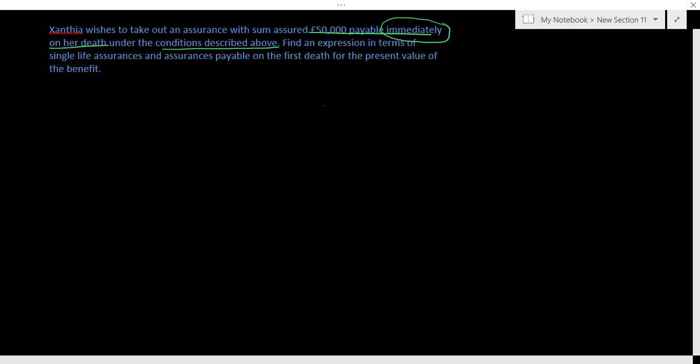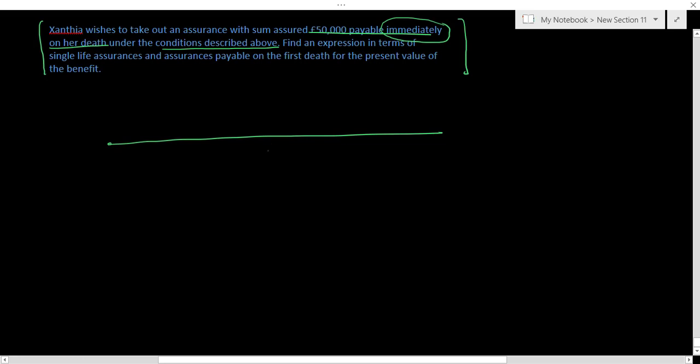So we can basically do that whenever there is a question like this. You should always start by assuming that payments are made immediately on death, and then you can transform the expression into payments made at the end of the year of death if it is so asked in the question. But in this question it is specifically mentioned that the payments are immediately on death, so that is not a problem here.